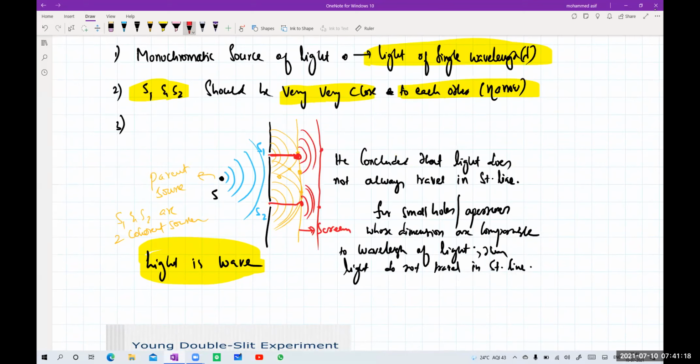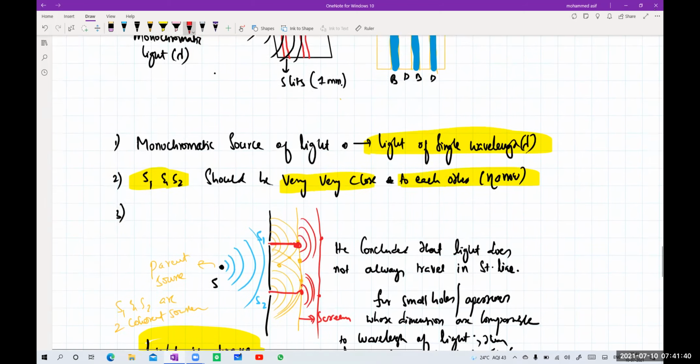So he concluded that light does not always travel in a straight line. For small holes and apertures whose diameters are comparable to the wavelength of light, light does not travel in a straight line. So light also has a wave nature, because it bends at sharp edges or holes. Clear?